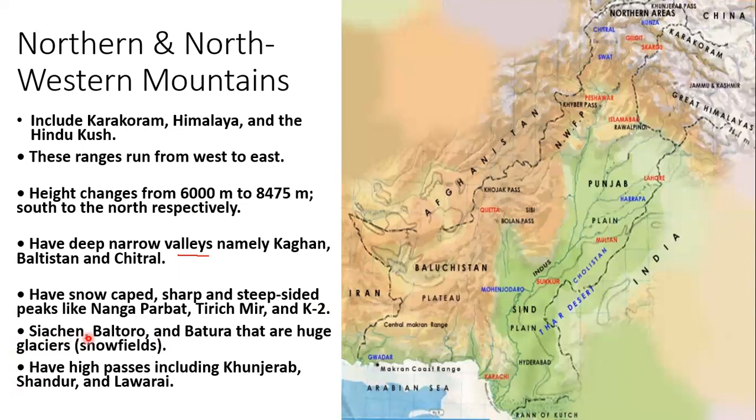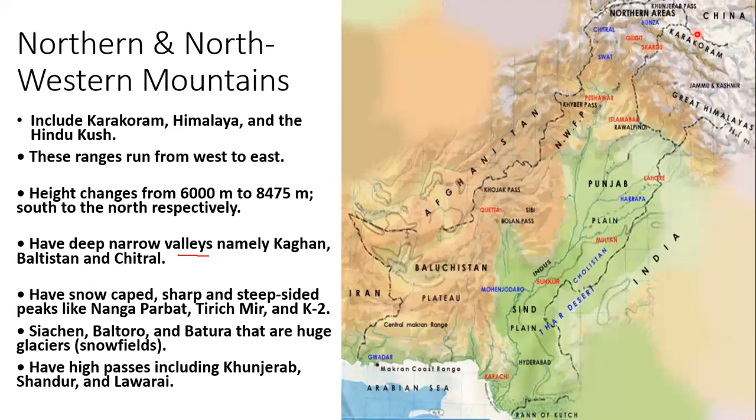Glaciers. What is a glacier? A glacier is a snowfield, a huge body of snow which falls from the mountains into the vacant place. The very famous one is the Siachen Glacier, situated in the Karakoram range where the Chinese, Pakistani, and Indian borders meet.